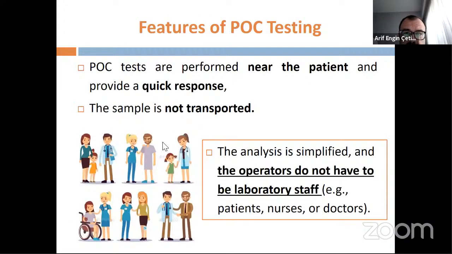So there are some important features of POCT tests. Let me use my pen. The first thing is that it has to be near the patient. For example, a POCT test can be used right away for a patient or a person with possible symptoms related to a sickness.